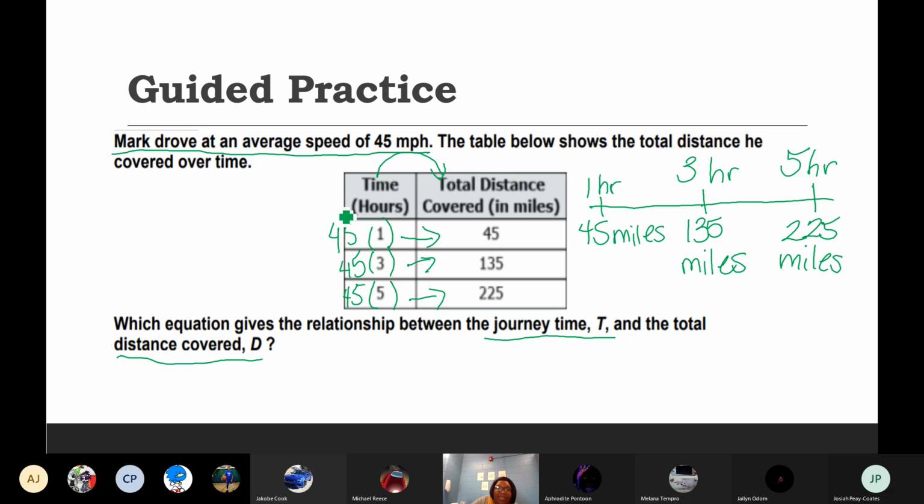We're going to let T stand for his time and D stand for his distance. So I would have to multiply 45 times T to equal D. Please take some time to write that down.